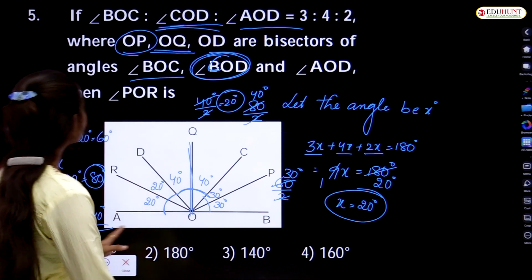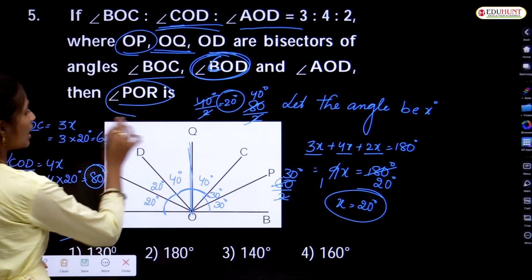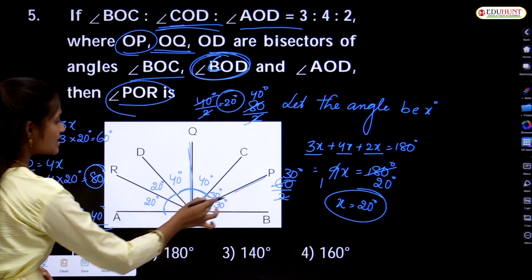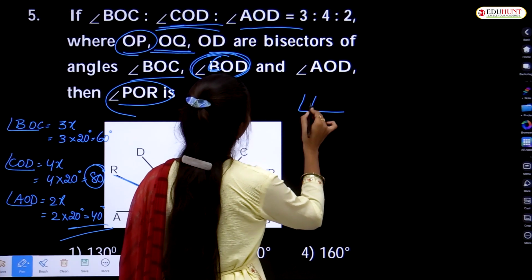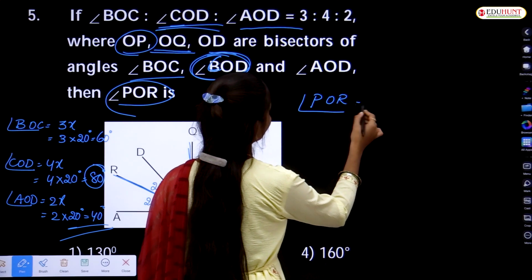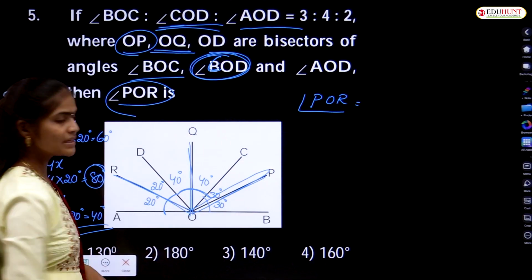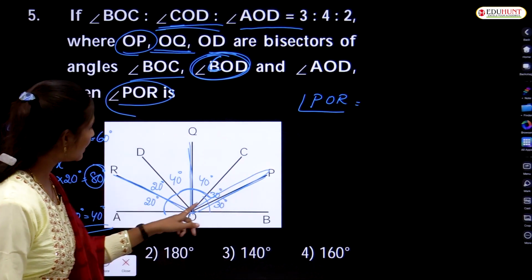Now which one are they asking? Angle POR. This angle we need to find out. POR means how many angles are there?